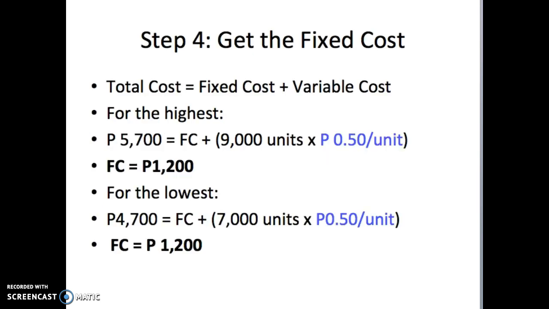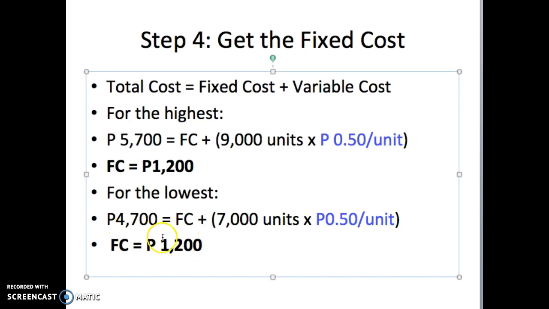So the total cost of 4,700 equals the fixed cost, which is the unknown, plus the variable cost. We multiply the number of units, 7,000, times the variable cost per unit we computed earlier, 0.5 per unit. And we will also obtain 1,200.